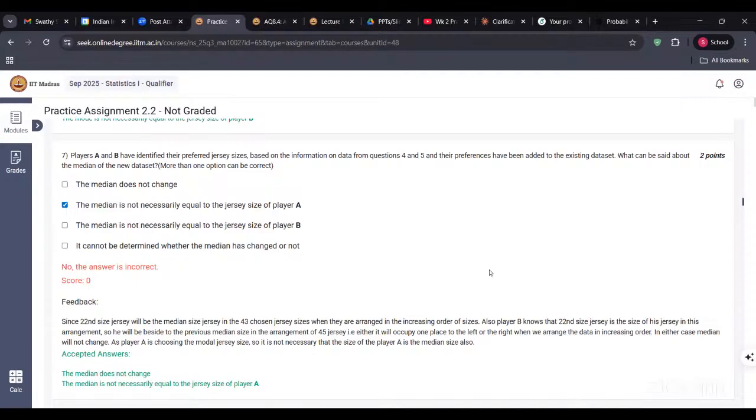Okay, so the thing is, my A player is choosing the median as well. Okay, and my B is also choosing the median as well. Correct? It's a situation, right?